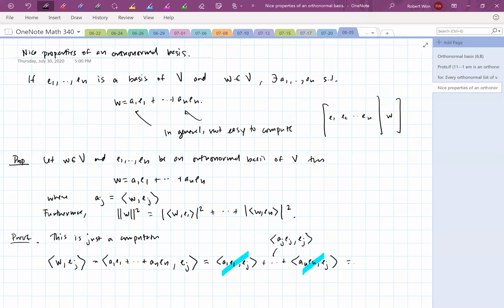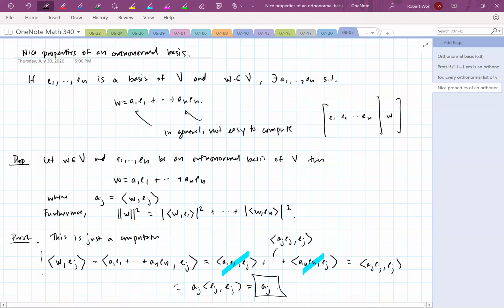So this whole thing is just AJ times the inner product of EJ with EJ, which you can now pull out of the first coordinate. But since it's an orthonormal list, the inner product of EJ with itself is 1. And so you do in fact get that the scalar AJ, that coefficient, is just the inner product of W with EJ.